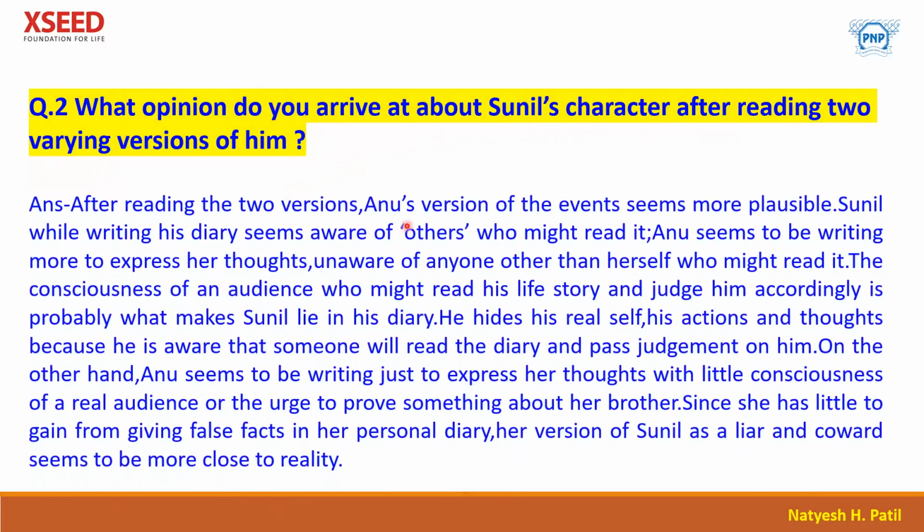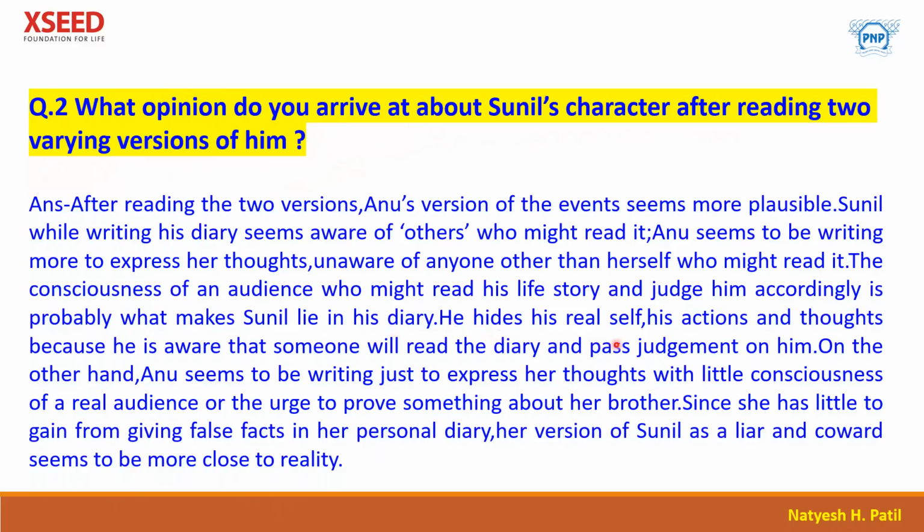After reading the two versions, Anu's version of the event seems more plausible. Sunil, while writing his diary, seems aware of others who might read it. Anu seems to be writing more to express her thoughts, unaware of anyone other than herself who might read it. The consciousness of an audience who might read his life story and judge him accordingly is probably what makes Sunil lie in his diary.